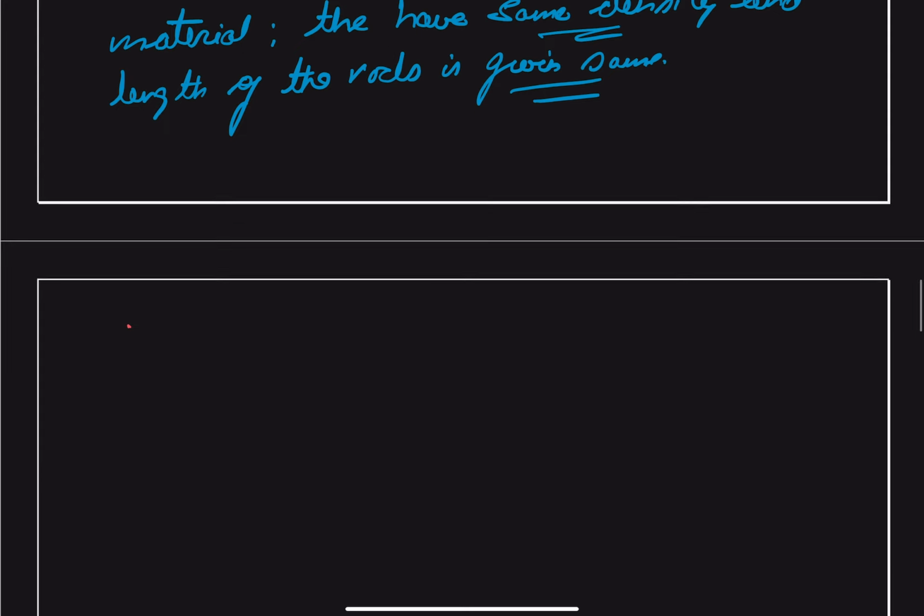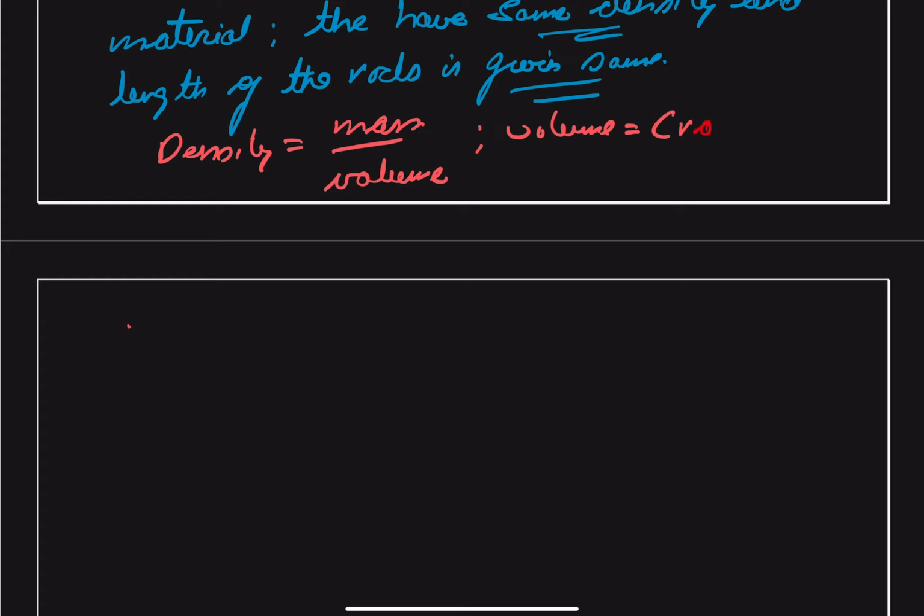And we know that the density is mass over volume, and volume will be equal to cross-sectional area multiplied by the length.